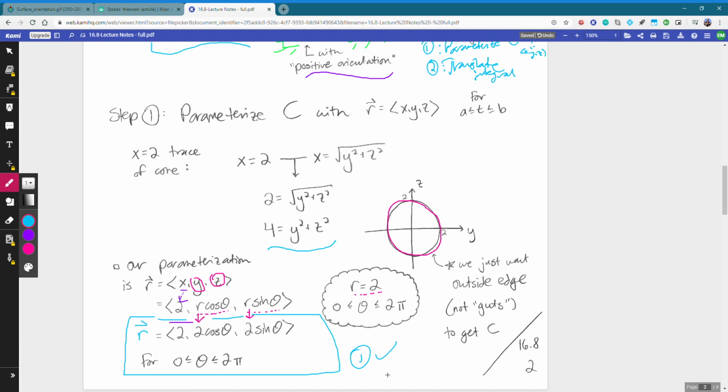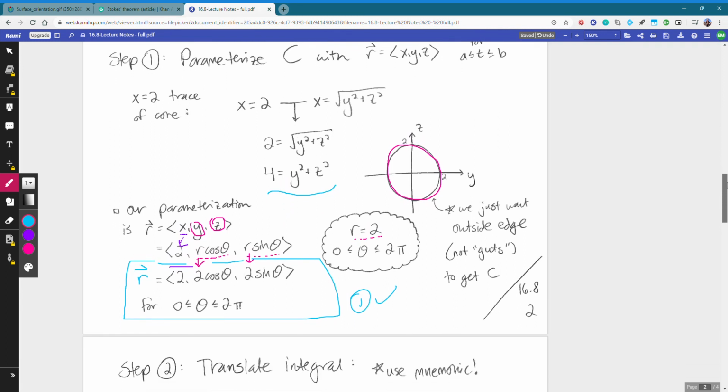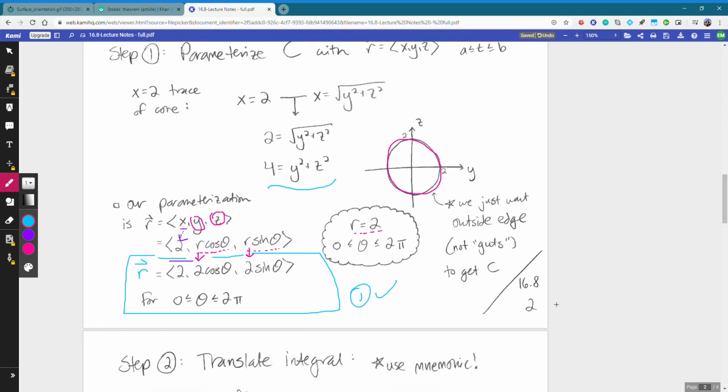Now we just need to translate our line integral. And how do we translate a line integral? Using our mnemonic, we got our catchphrase. I'm having trouble. What's our catchphrase? It's multiply by 1 over dt dt.